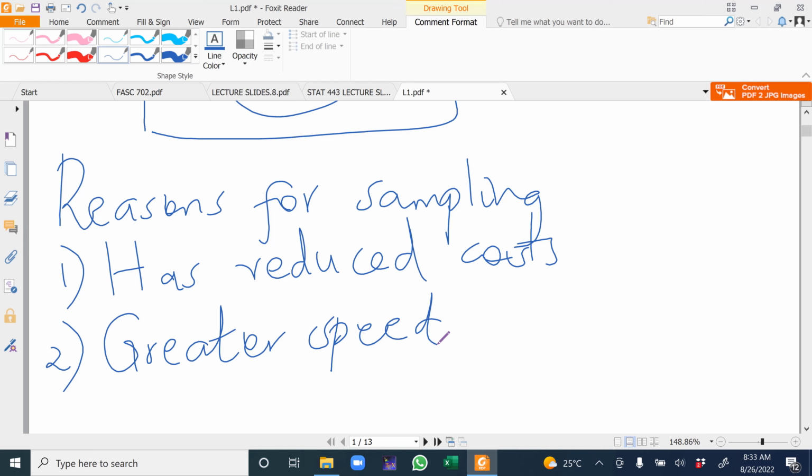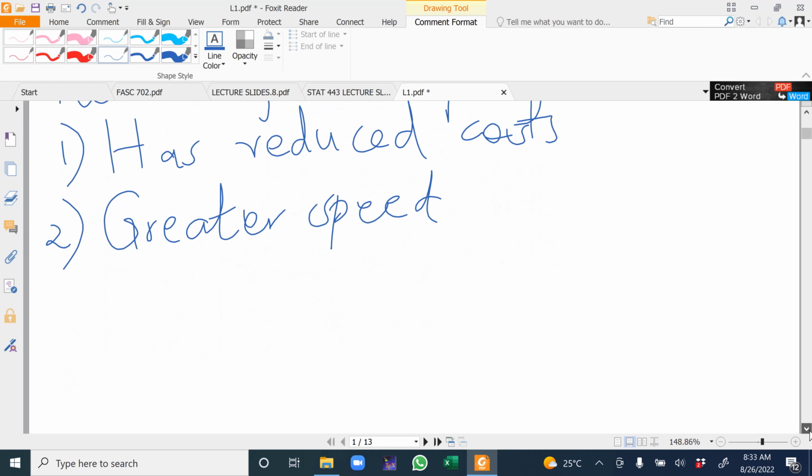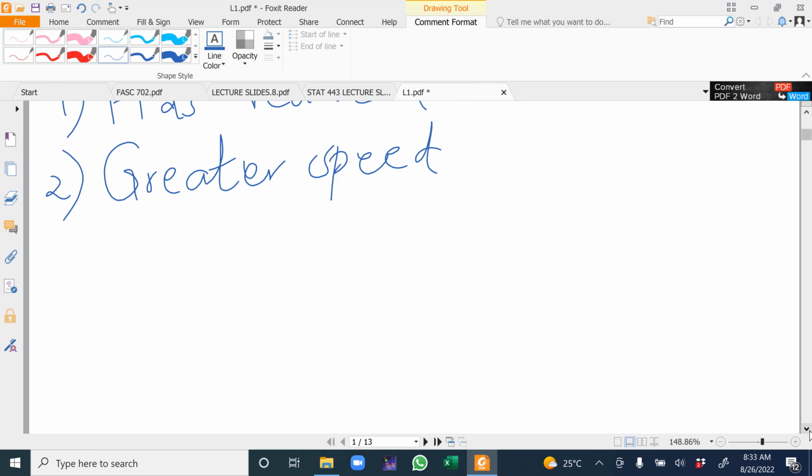So if you're using part of the population, the expectation is that data will be collected and summarized more quickly as compared to when you would have conducted a complete count. Based on what you're doing, you expect to get the results quickly. So if you are constrained in terms of time, it's recommended you use samples as your way of collecting data.